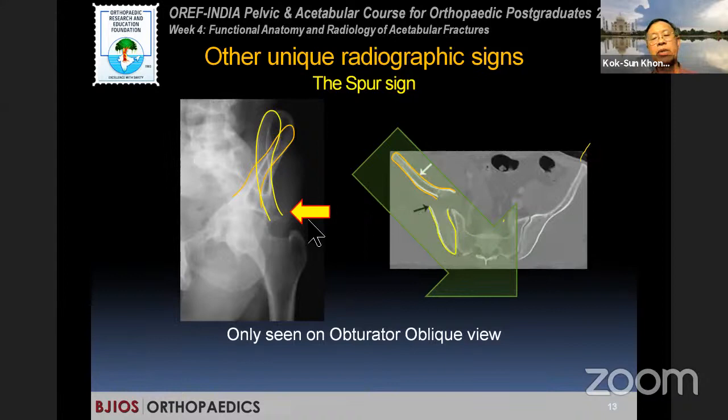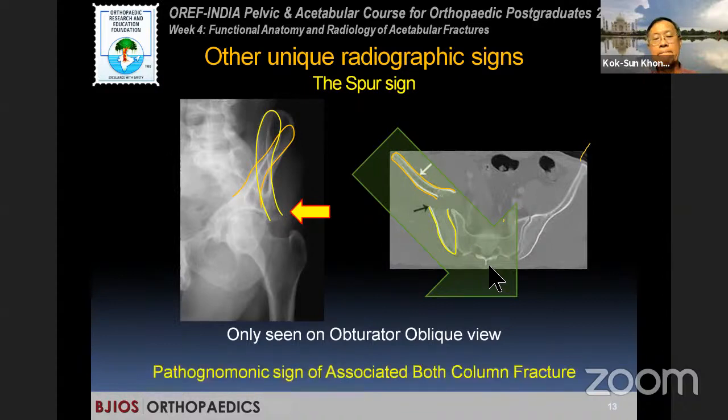The iliac crest is displaced and will be moved forward, and therefore the spike is seen in the posterior aspect. But you can only get it through the oblique view. And this is a pathognomonic sign of an associated column fracture.